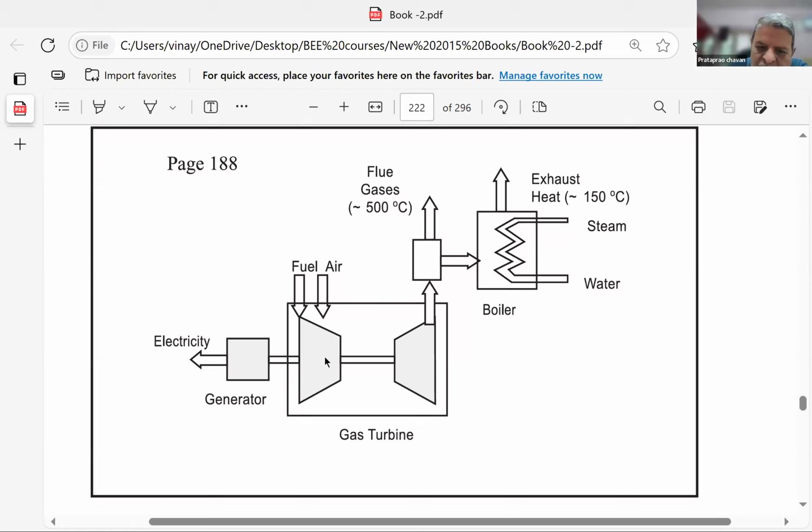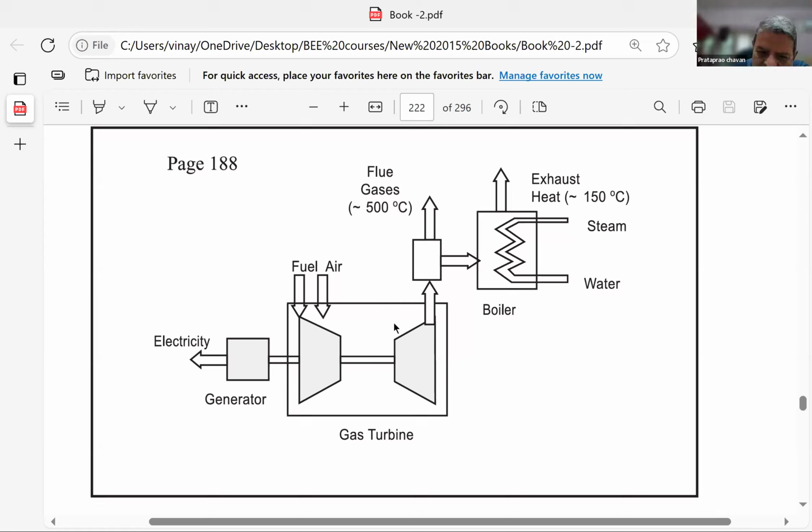Now the compressor as well as turbine is on the same shaft as the generator. Now the next question you should logically ask me, if power is generated by only this turbine, part of the power is utilized by the compressor for compressing the air because it is on the same shaft. When this rotates, this rotates. But the blade arrangement in the compressor is such that it is sucking the air from outside and pressing it inside.